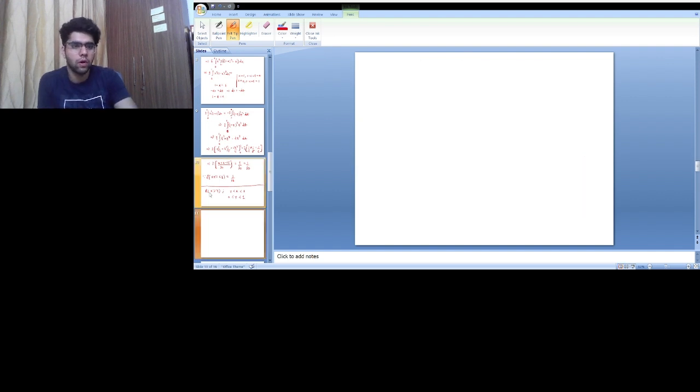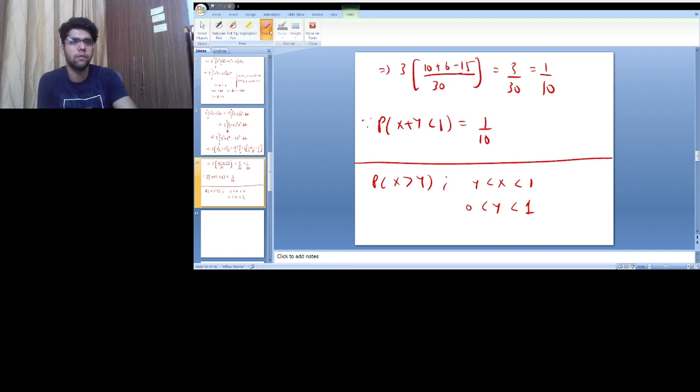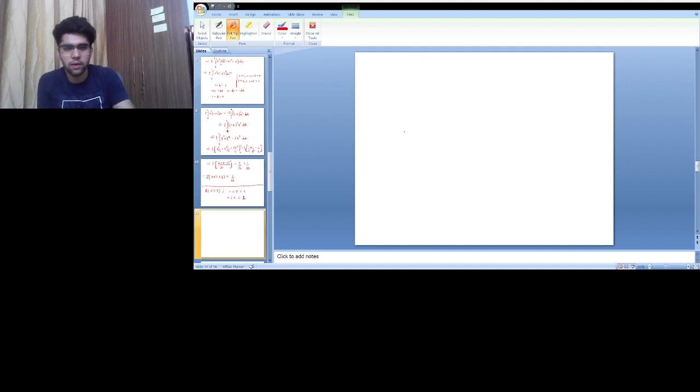Or let me just write this in another way. This is not a correct way. I can do this, but I feel this is wrong. But I'll be doing this. I'll be writing this as, my upper limit of y will become x, because y is always less than x, so y goes from 0 to x, and x becomes 0 to 1. I felt this becomes appropriate, so I wrote this like this.